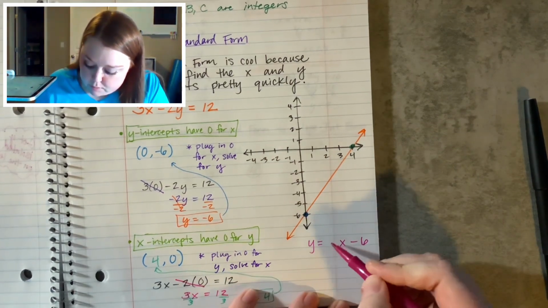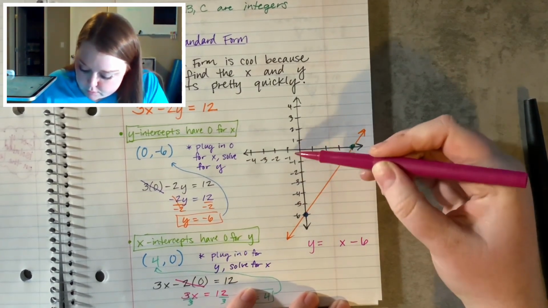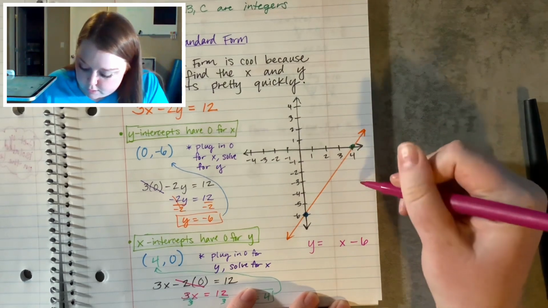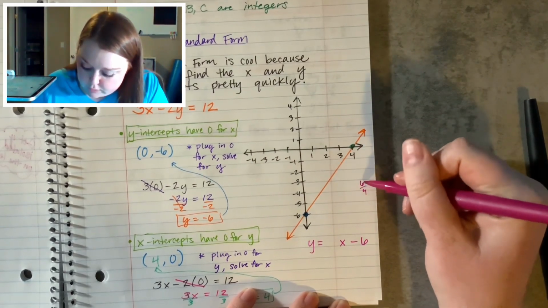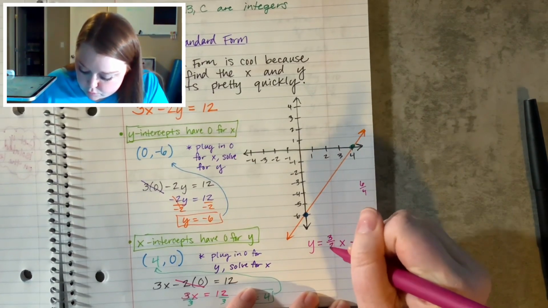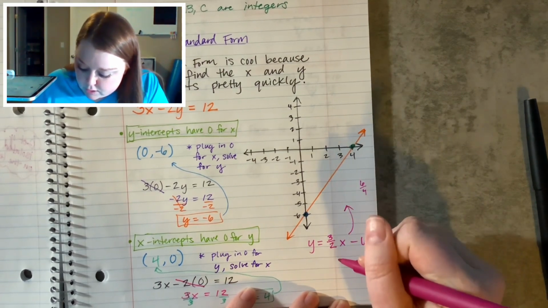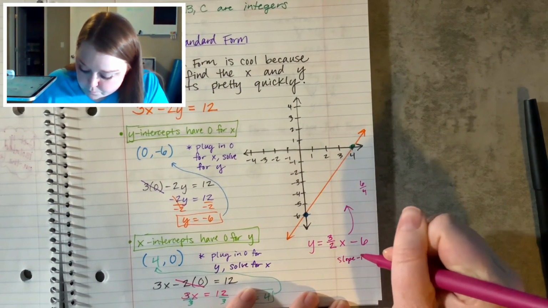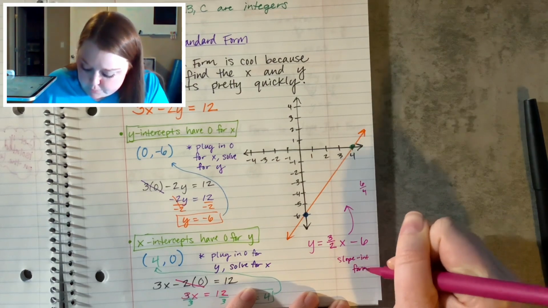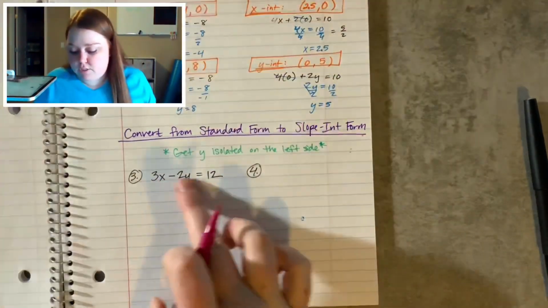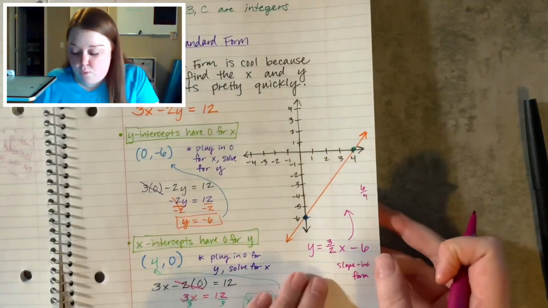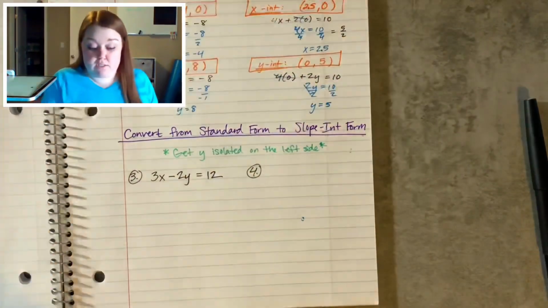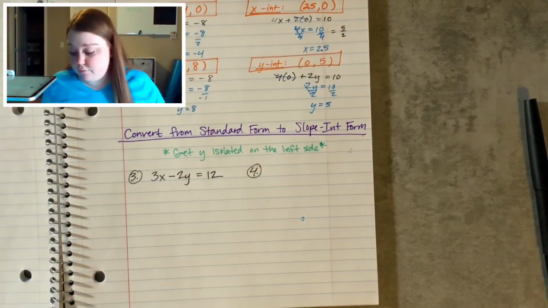Slope, it's going up 6 and over 4, that can reduce down to 3 over 2. Meaning when I convert this equation, I should be getting y equals 3/2 x minus 6. So it's a good little check for ourselves.